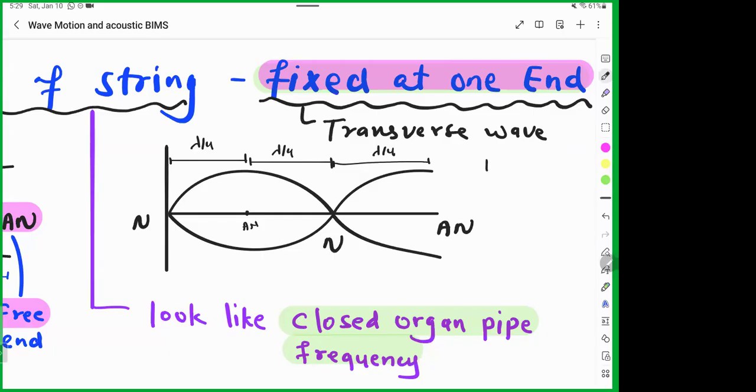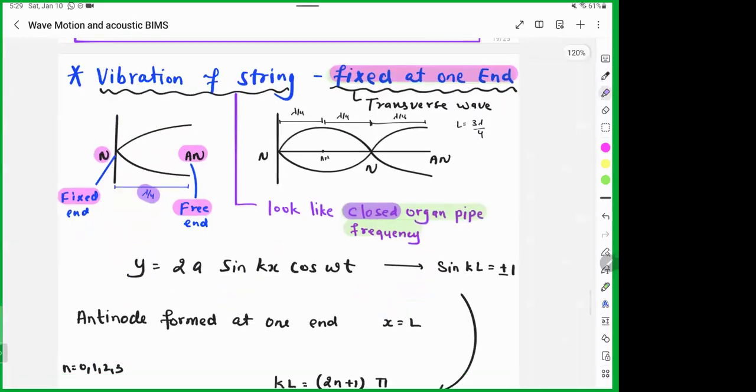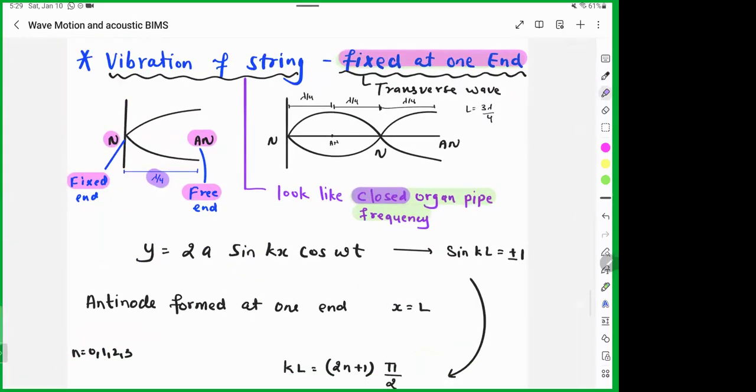What will be the total length in this situation? 3 lambda by 4. Make sense? In future, we'll call the same thing a closed organ pipe, and I'll tell you why. But understood this part? So first you had one value and then directly jump to 3.